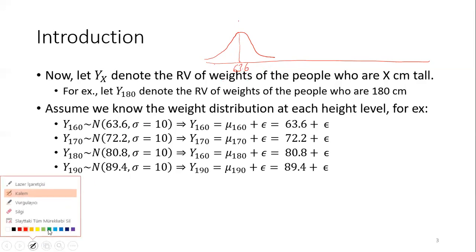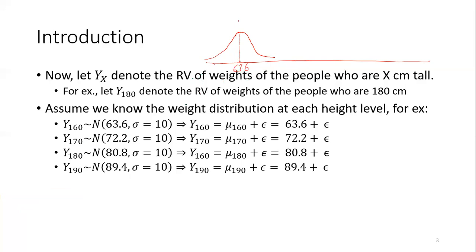Let me change the color. Let me make it green. I have, let's say, 72.2, and this is the distribution of people who are 170 centimeters tall. Let me change the color again.